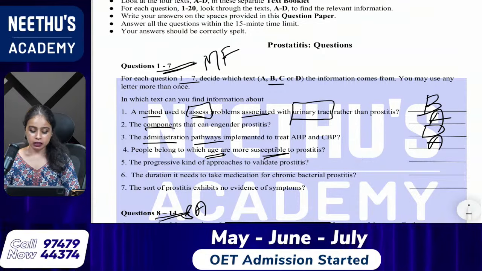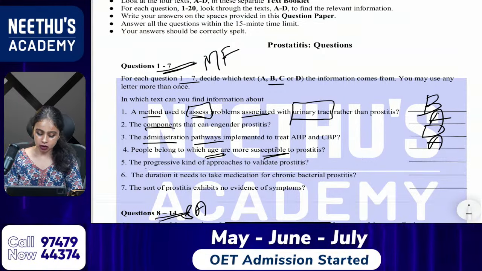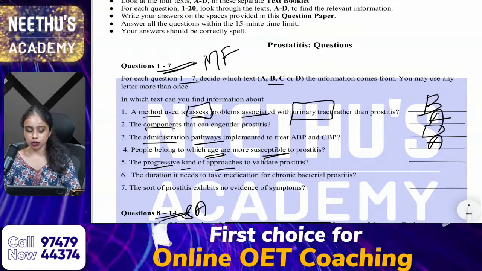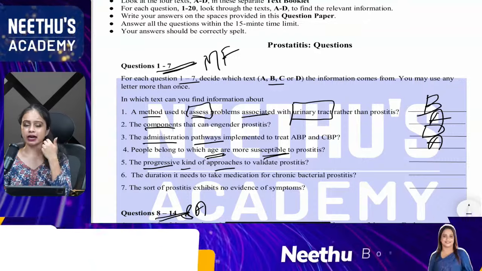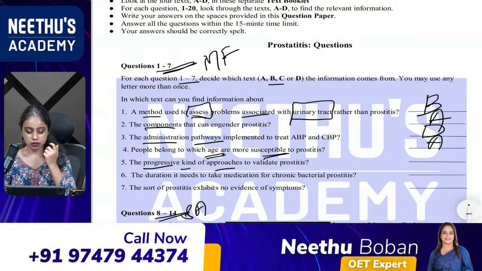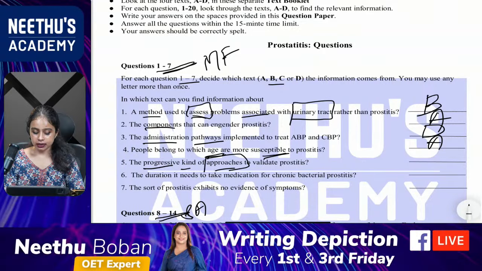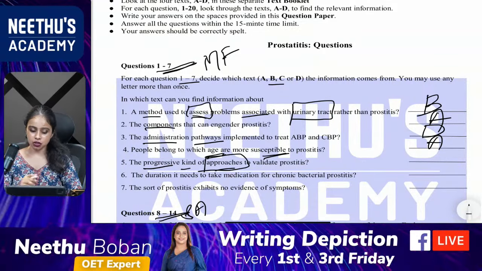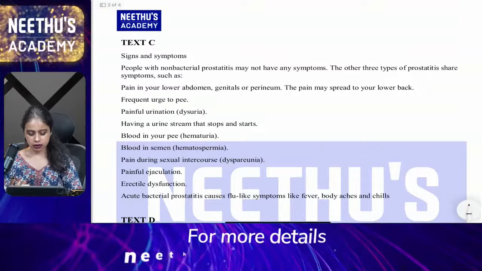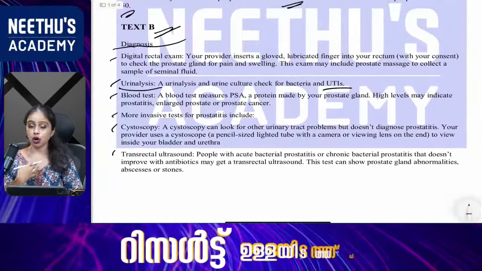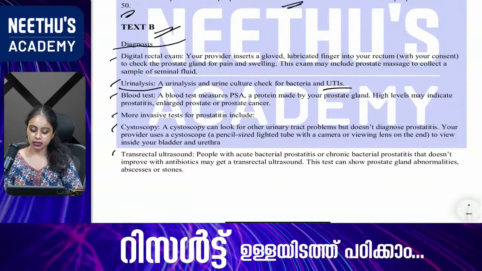The fifth one: the progressive kind of approaches to validate prostatitis. What is the progressive, the advanced kind of approach? We can say the approaches, the procedures, the methods, which are mentioned in text B. What are the advanced procedures?